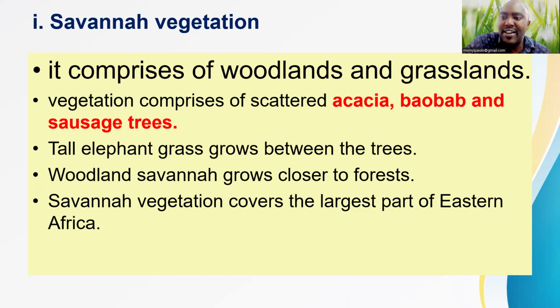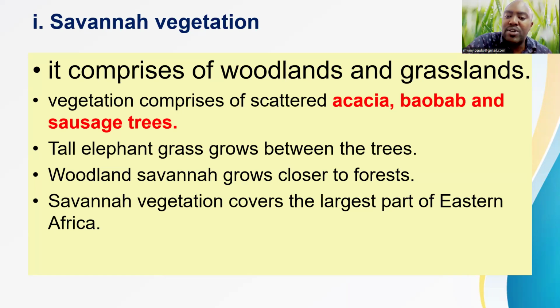Let's start with savanna vegetation. Savanna vegetation comprises woodlands and grasslands. The vegetation comprises scattered acacia, baobab, and sausage trees. Tall elephant grass grows between the trees.